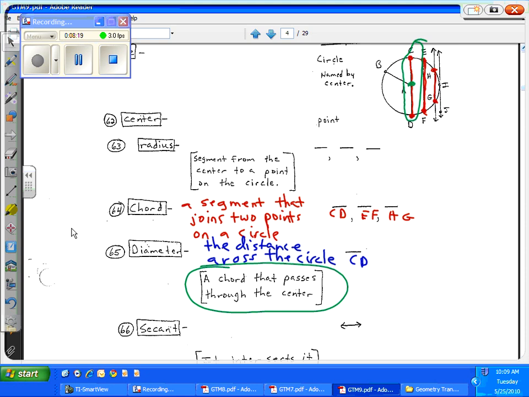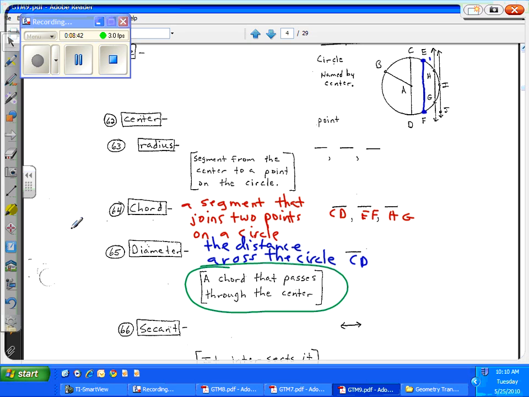Okay? A secant. The way I kind of remember a secant is, I guess, kind of weird, but anyway. I think of a chord like a trot line cord going across a pool. You'd put a stake in each end and stretch the cord. So a chord is a segment that joins 2 points on a circle.